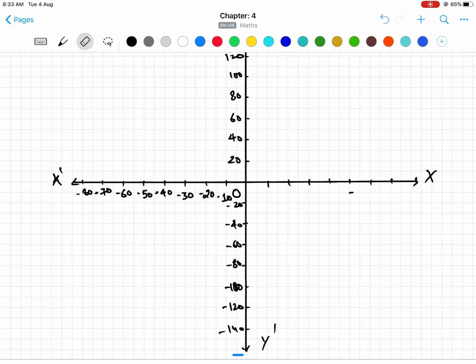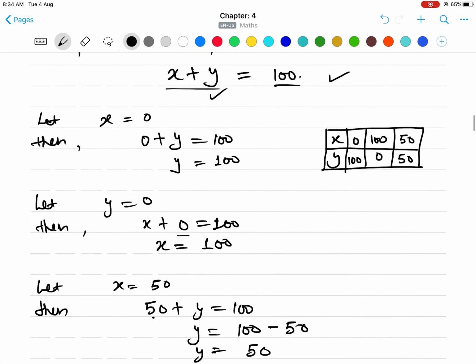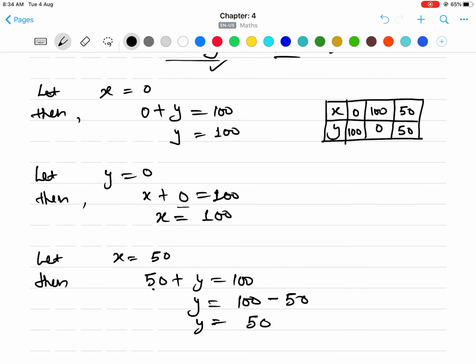Similarly on this axis, let's take minus 20, 40, 60, 80, 100, 120 and 140. Similarly on this side, minus 20, minus 40, minus 60, minus 80, minus 100, minus 120, minus 140 and so on.